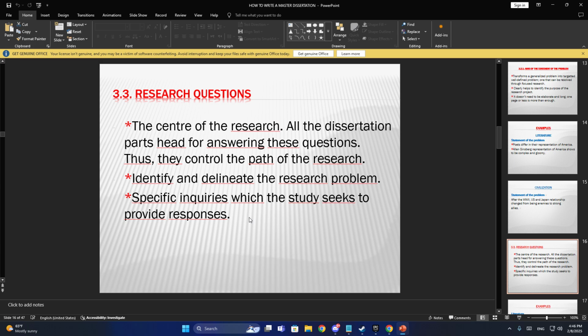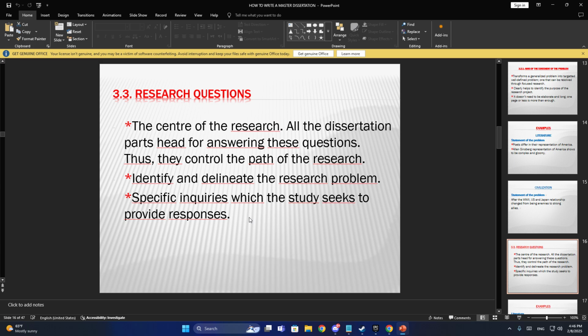They are a result of the statement of the problem. When I define the statement of the problem well, then the questions will also be clearly stated and clearly targeted to the problem that needs to be highlighted.